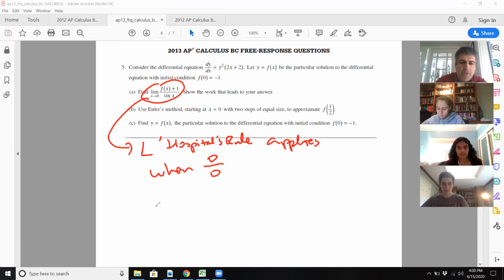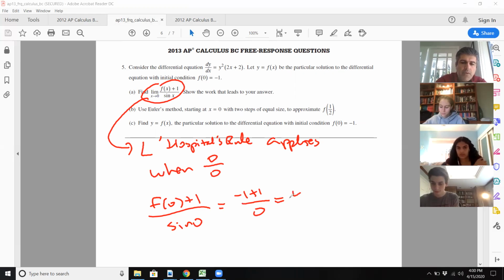Because, for example, if I were to plug in f of 0 plus 1 over sine of 0, f of 0 equals -1. You do get 0 over 0. So what you're going to do then is take the derivative of the top and derivative of the bottom.